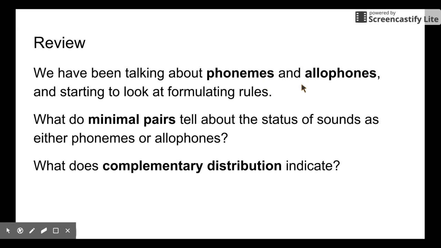So we can say two sounds are the allophones of the same phoneme. And we have talked about two concepts. First one is the minimal pair. What do minimal pairs tell about the status of sounds? And the other concept is complementary distribution.